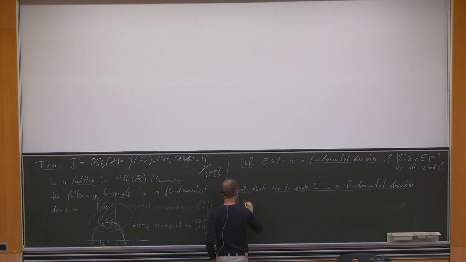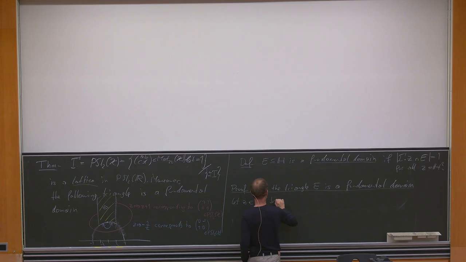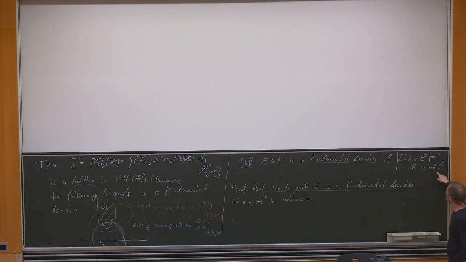Let Z in H2 be arbitrary. When we want to show that it's a fundamental domain, we have to take any point whatsoever. The first stage is that we want to find a representative within the triangle. So we want to find a gamma so that gamma times Z is in the triangle.